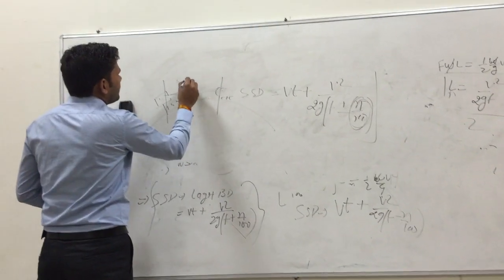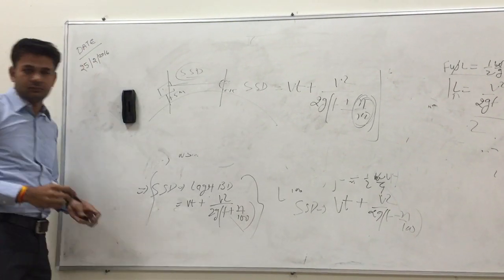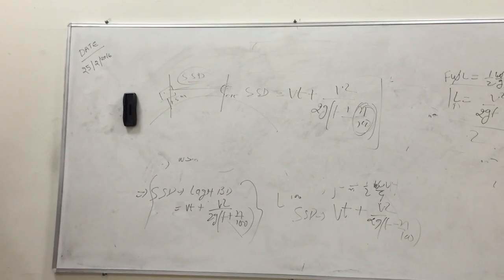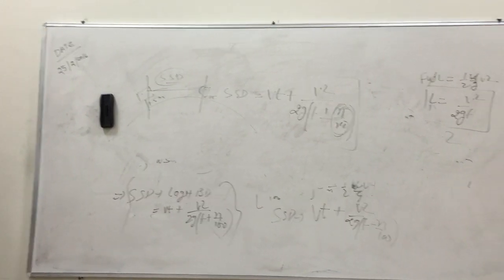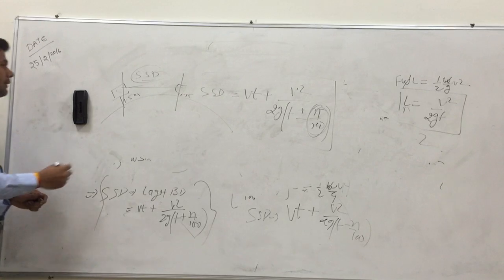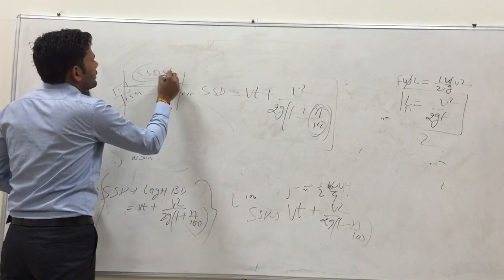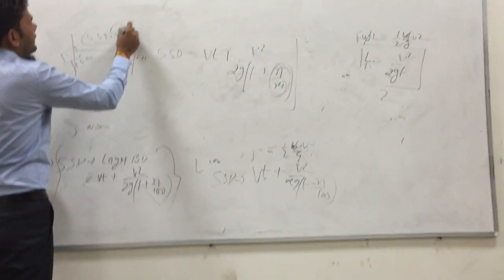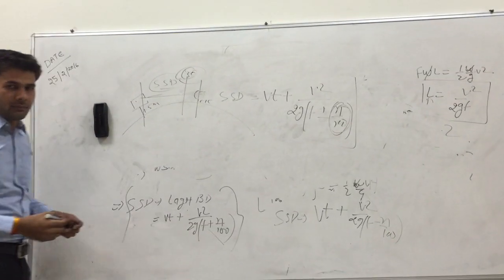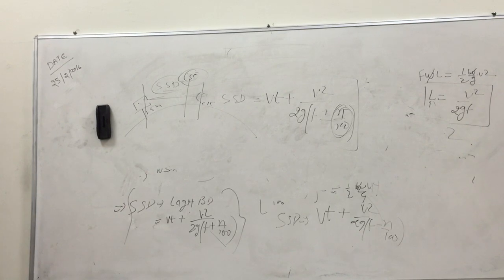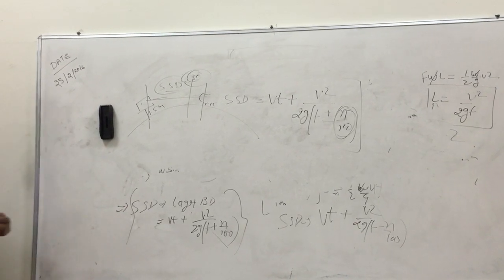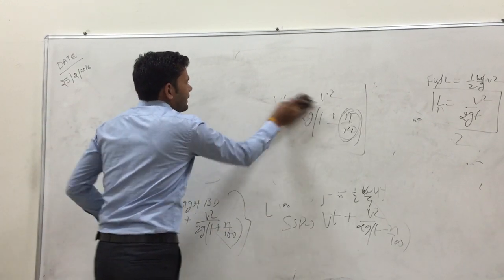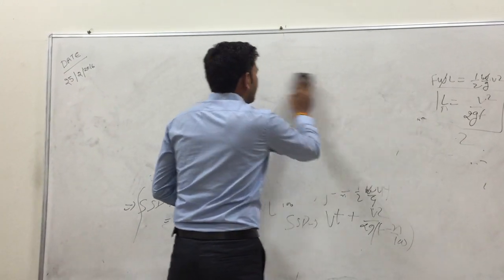This distance is called the sight distance. And if SSD for the design is not available, then we decrease the speed of the vehicle using warning signs, like we apply 30 km per hour or as per the design. Now finally, the formula of SSD is this. Now we will solve one question so you can better understand the SSD.